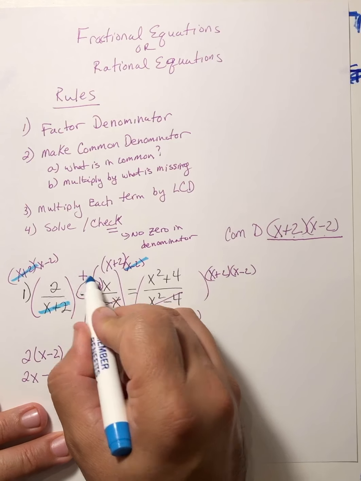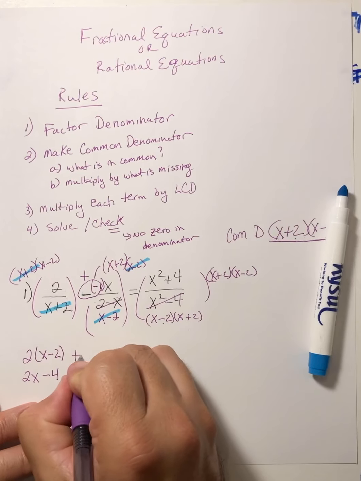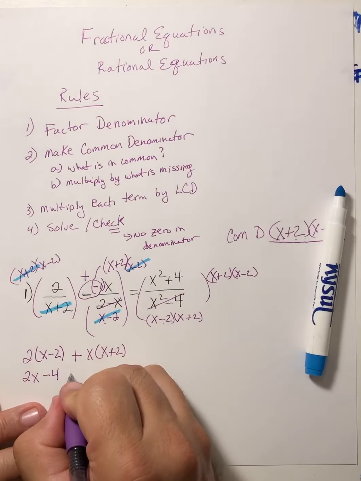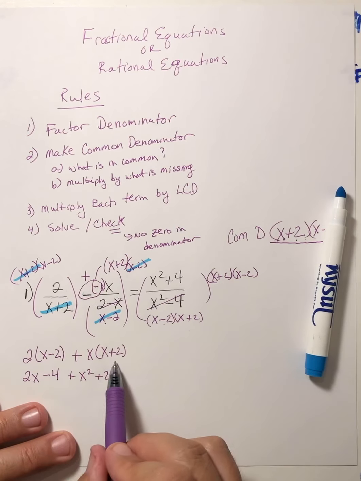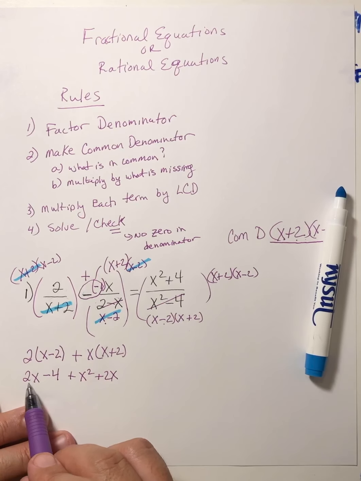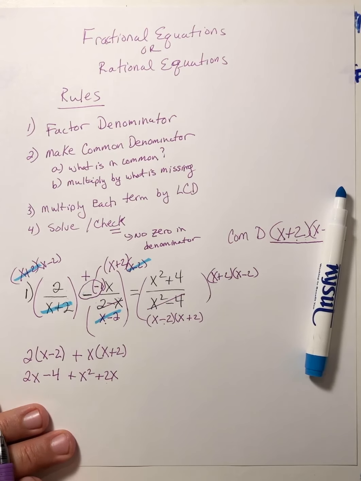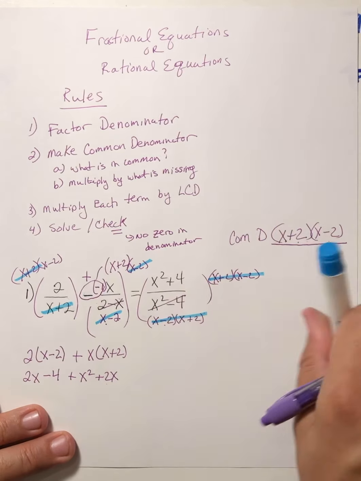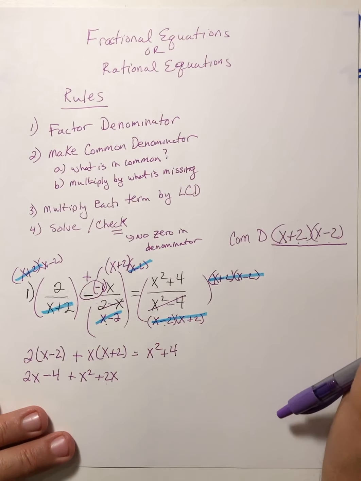So I have x times x plus 2, so we have a plus x times an x plus 2. Well, that's your plus x squared plus 2x. You won't see me do this. If you need to do this, you can. Nothing wrong with it. I usually just go right to here. Now here, all of this cancels with all of that, so we're just left with x squared plus 4. So equals x squared plus 4.